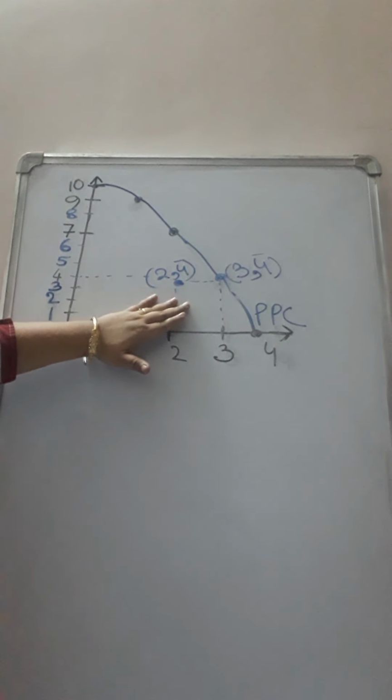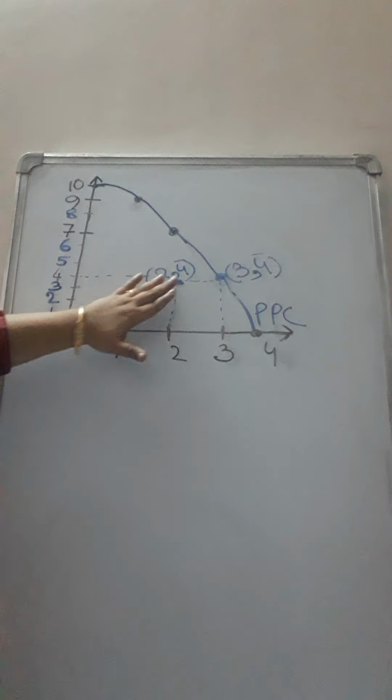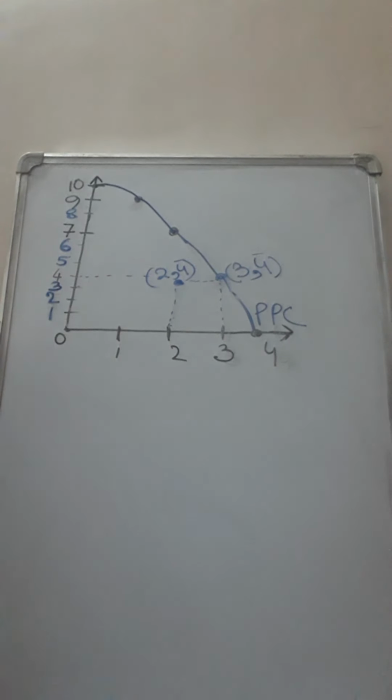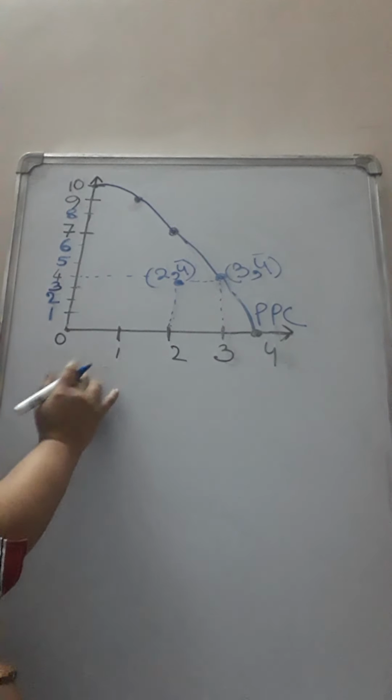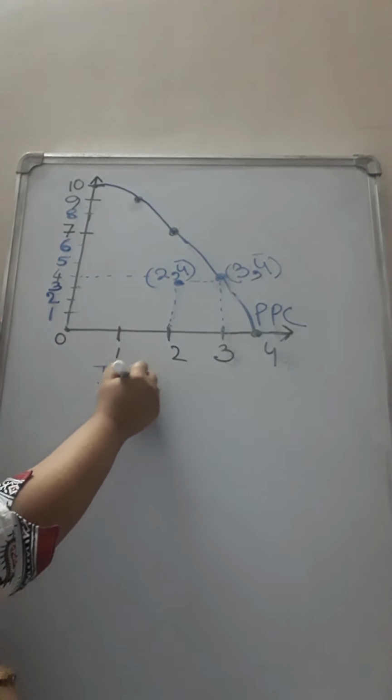But the production is happening at 4 units of Y with only 2 units of X. That means a few laborers are not putting in effort to increase the production of X. So these interior points show inefficiency in the production process.